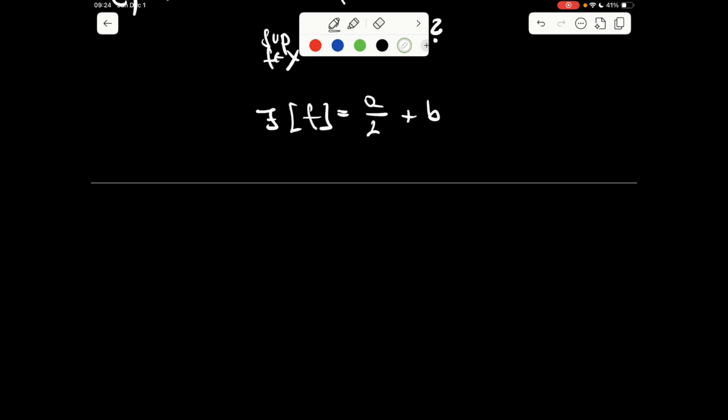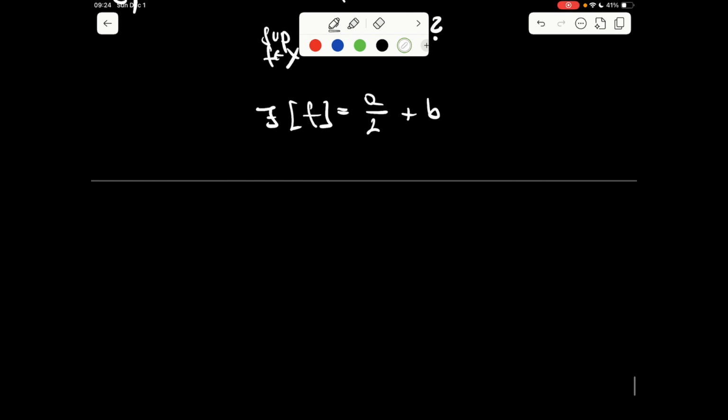But this supremum doesn't exist. So a and b can be chosen to be arbitrarily high, so we cannot find an upper limit.